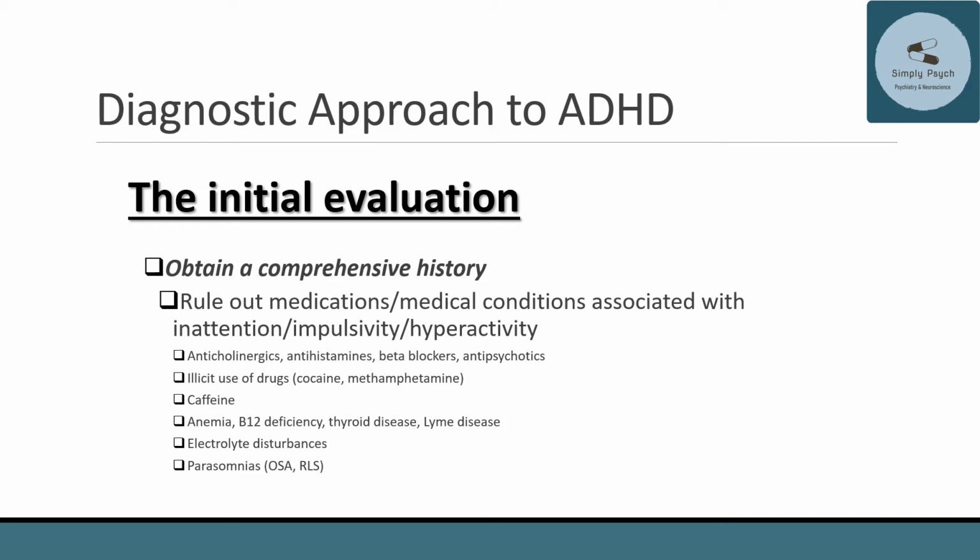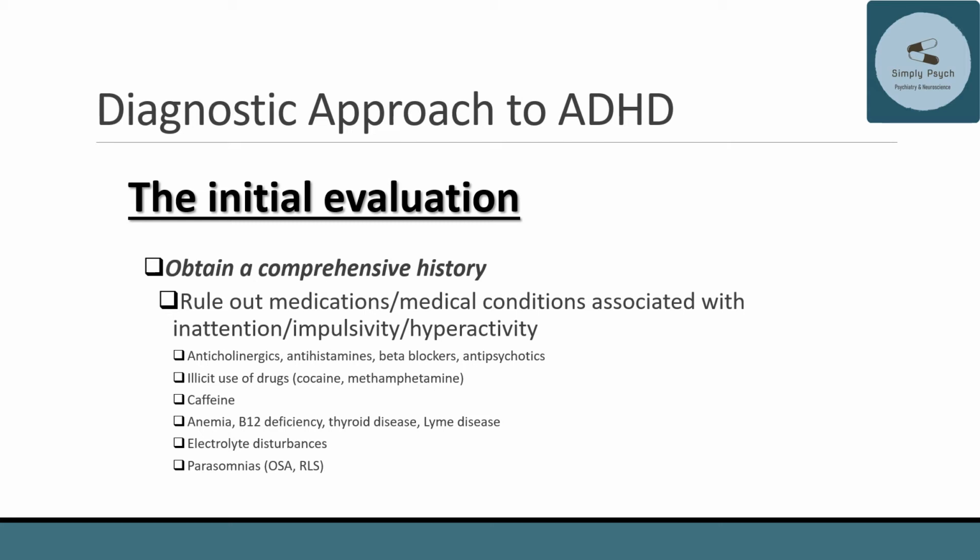These are all associated with inattention problems. Beta blockers are notorious for causing inattention problems and concentration issues. And many of the atypical antipsychotics, which have a lot of anticholinergic and histamine properties, can take a toll on somebody's ability to focus and concentrate.